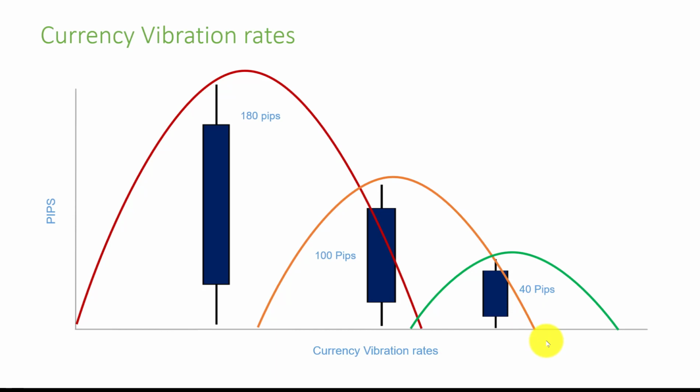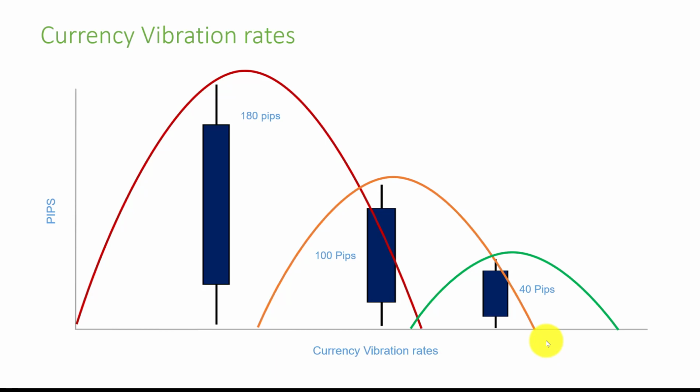There's an indicator called the average true range, and you can get an average of the daily candles or the 4-hour candles or the hourly candles or even the monthly candles using that indicator.